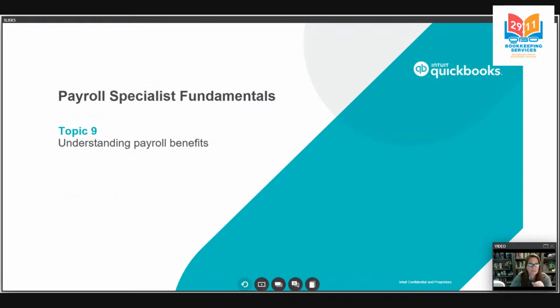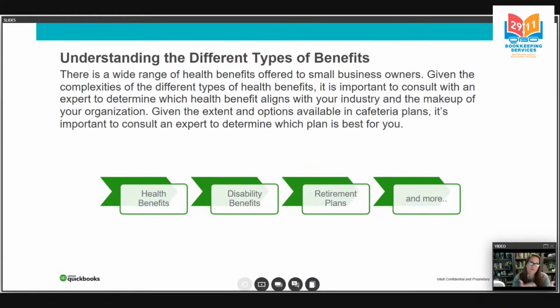So, understanding some payroll benefits, there's a wide range of benefits that small businesses can offer. I think you should always consult with an expert to determine which benefits are going to be beneficial, whether it's health benefits, disability, retirement plans, or any other benefits.